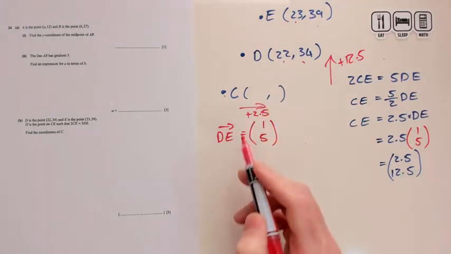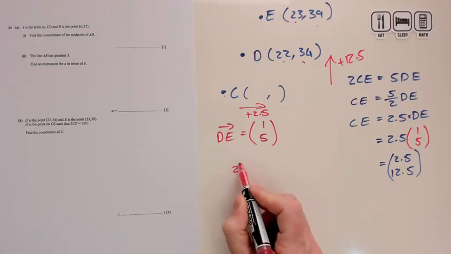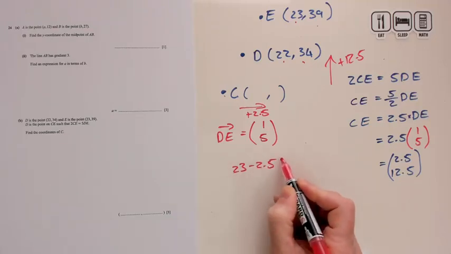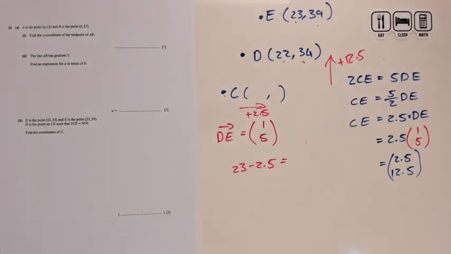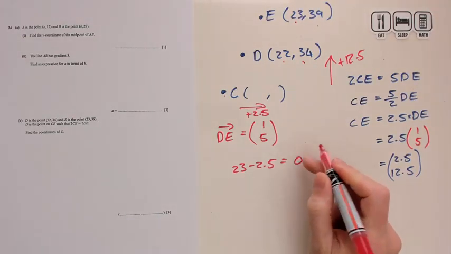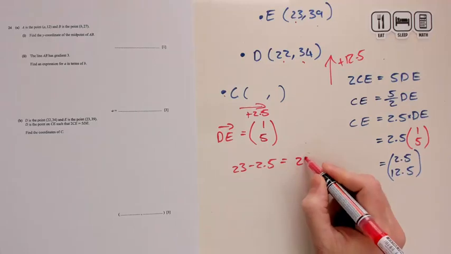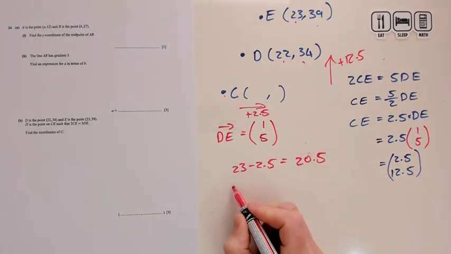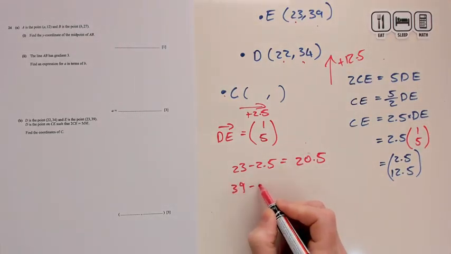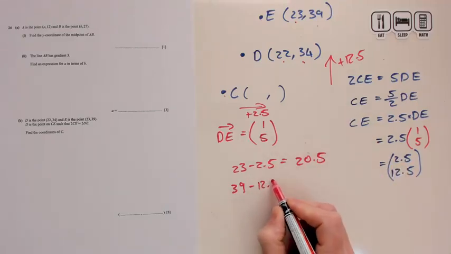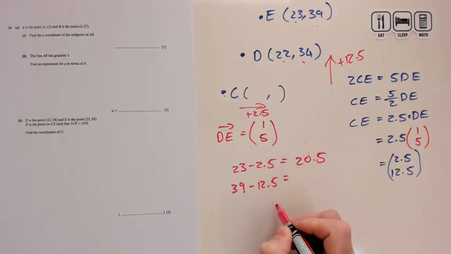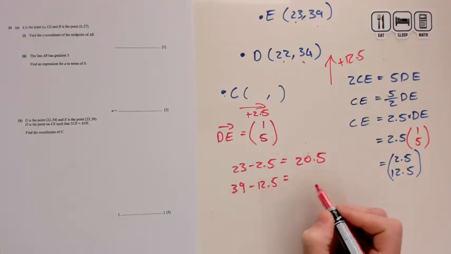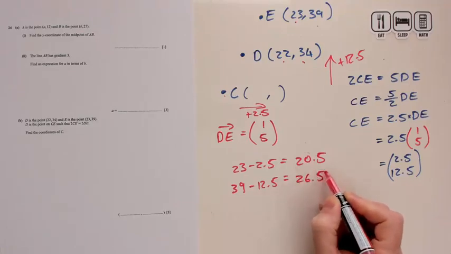So to find C, I'm just going to say 23 minus 2.5, and that should be 20.5, right? So not 0.5, 20.5. And then the other one would be 39 minus the 12.5, and that's going to be 26.5.